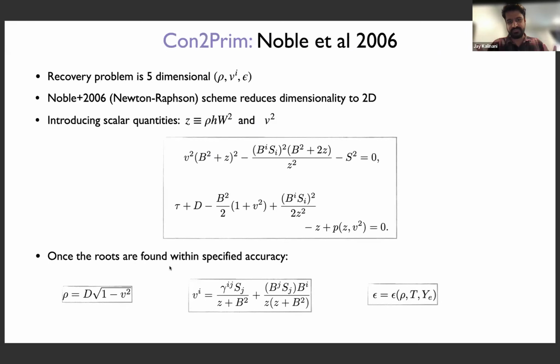So just to give you an idea of what a con-to-prim looks like, for example, this is the one from Noble et al. 2006. As I mentioned earlier, we want to recover some of the hydro variables. Essentially, the five hydro variables here are density, the three velocities, as well as, for example, specific internal energy. And Noble et al. reduces this problem to two dimensions.